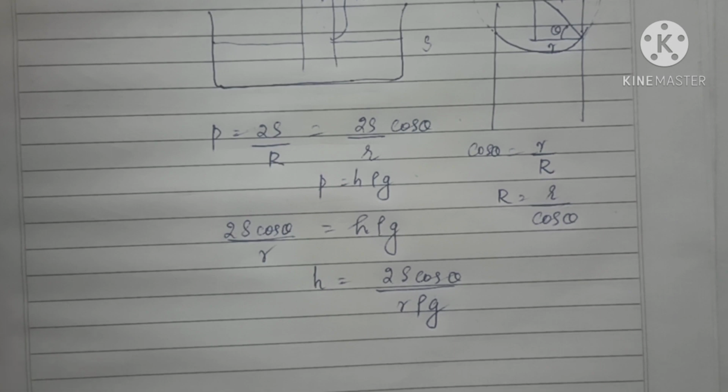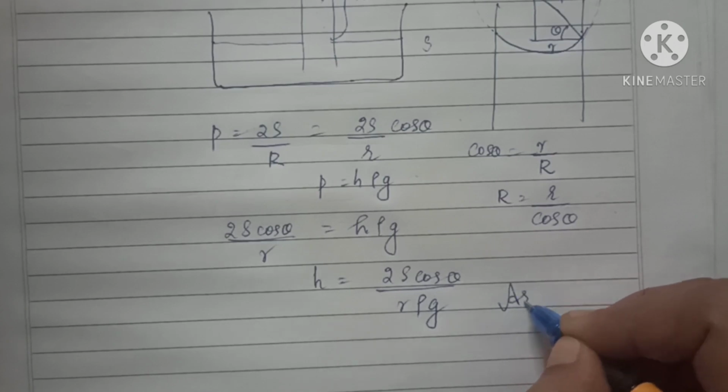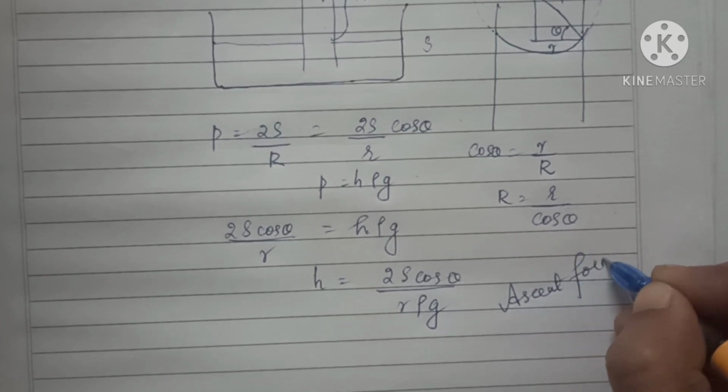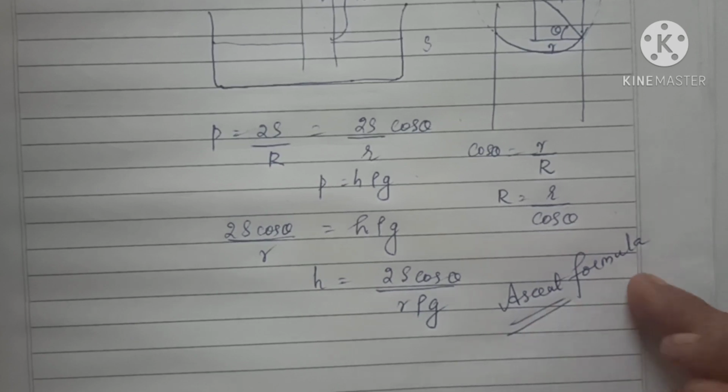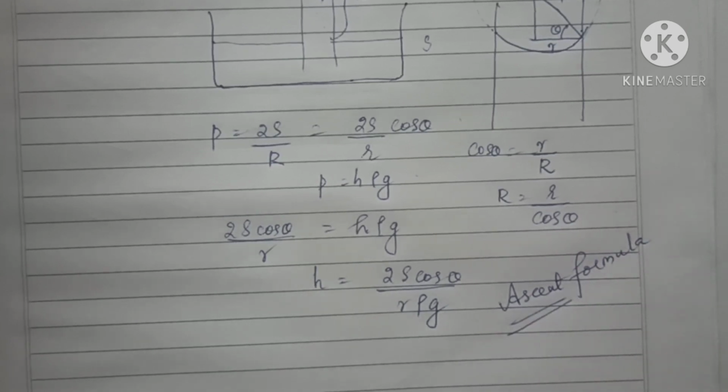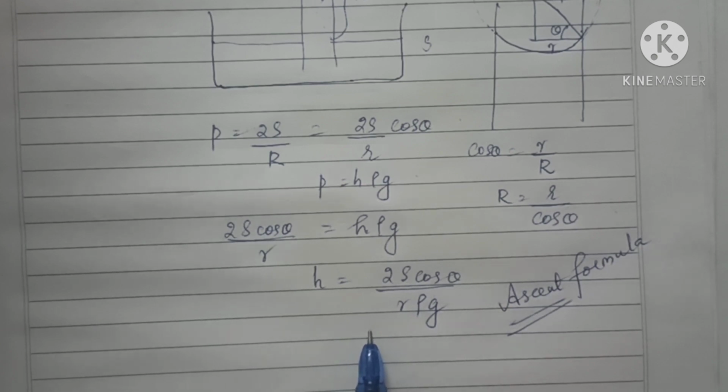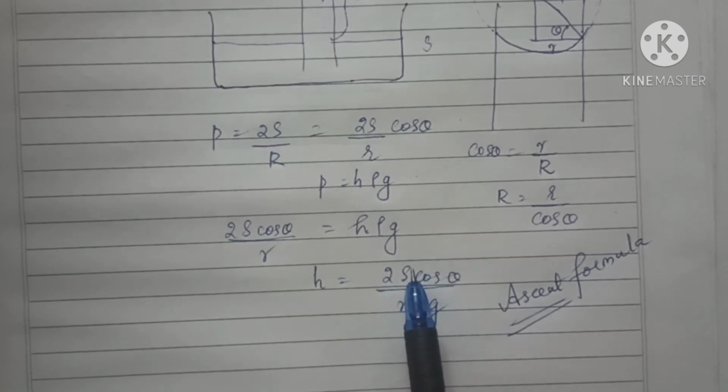So this expression is actually for the height up to which liquid rises in a capillary tube, and this formula is known as the ascent formula. Ascent means what? Rise. So ascent formula. Clear? The ascent formula shows that the height h to which a liquid rises in the capillary tube is inversely proportional to the radius of the tube, inversely proportional to the density of the liquid, and directly proportional to the surface tension of the liquid.